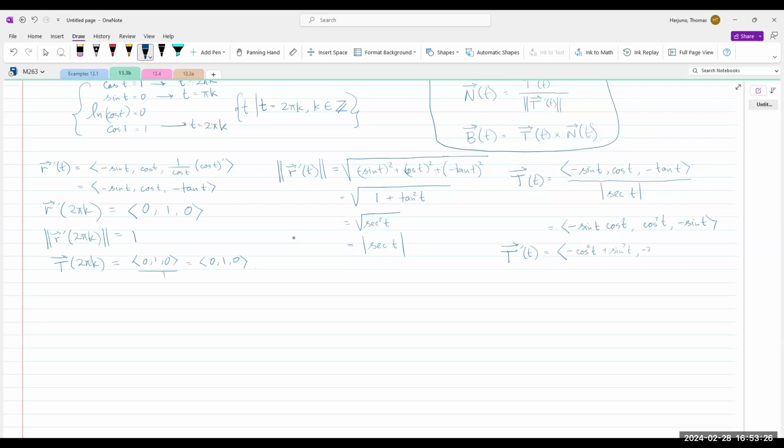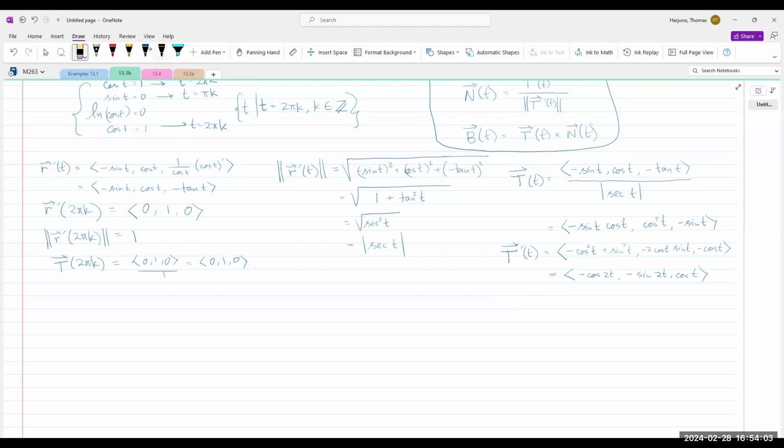The derivative of cosine squared t is negative 2 cosine t sine t, and this is negative cosine t. So this will be negative cosine 2t, negative sine 2t, and negative cosine t. The magnitude of T prime t is, actually I don't need to.